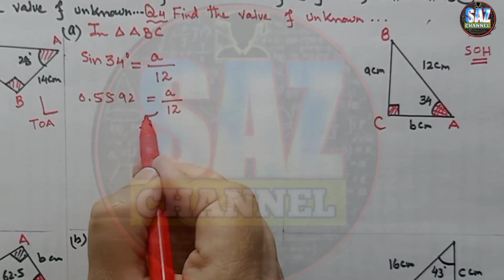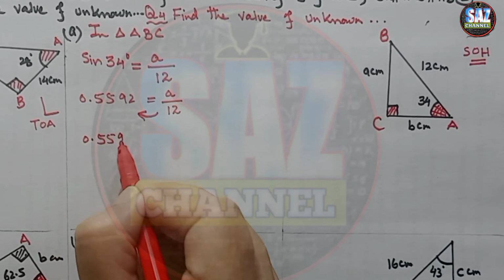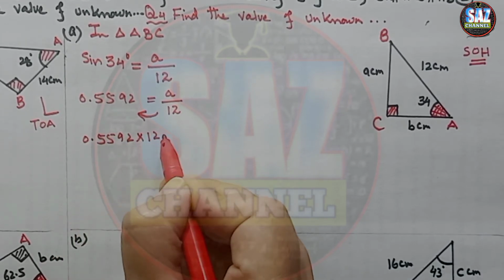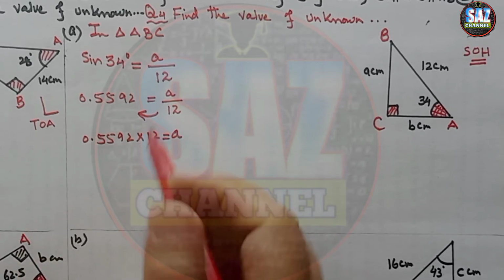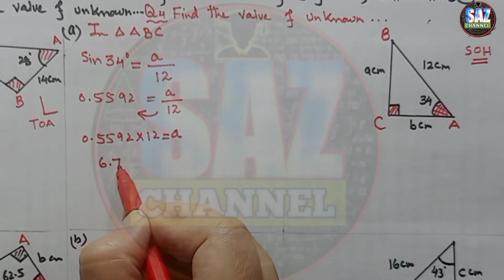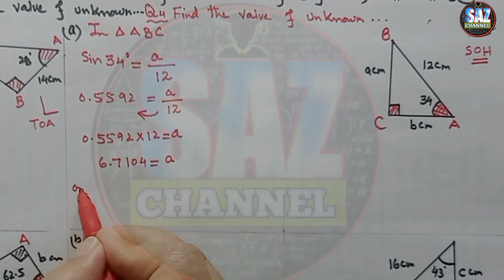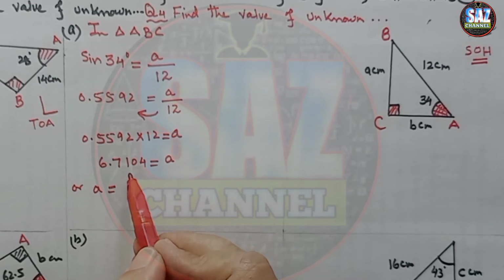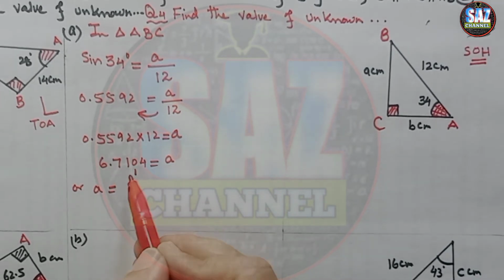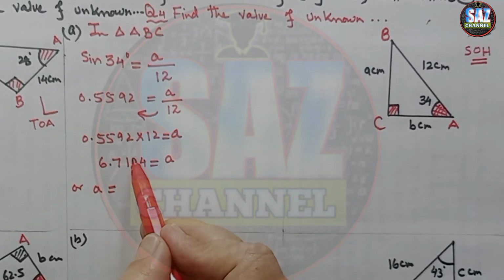Now go for cross multiplication, and that is 0.5592 times 12 equals A. Multiply 0.5592 by 12, and this gives me 6.7104 equals A, or A equals, as I have to give my answer to three significant figures, so I will be focusing my attention on the fourth digit, that is 0.